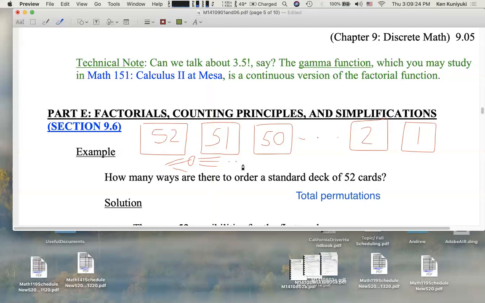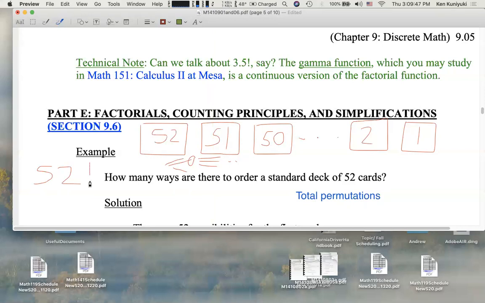Big, bushy tree. How many total paths are there along this big, bushy tree? It's going to be 52 times 51 times 50 times ... times 2 times 1. That's going to be 52 what?